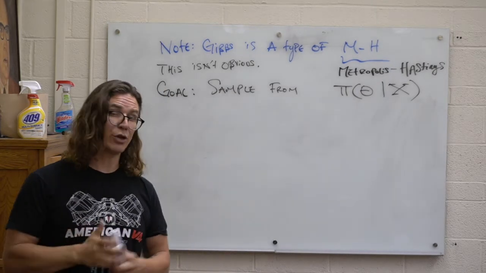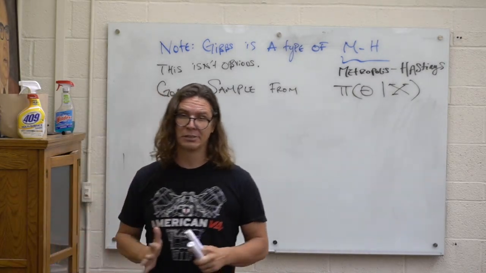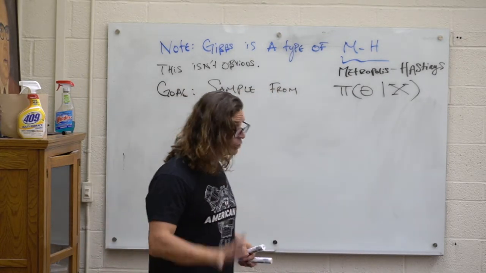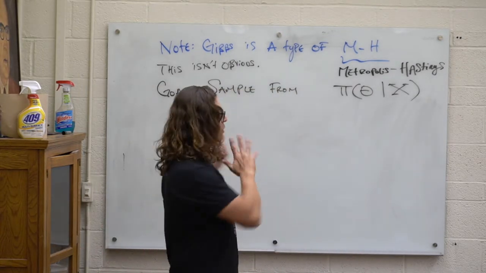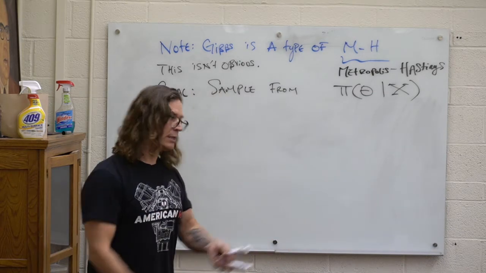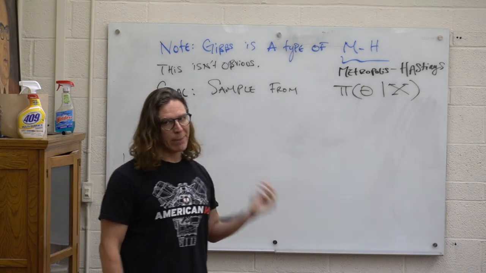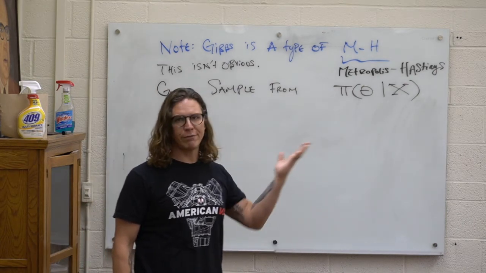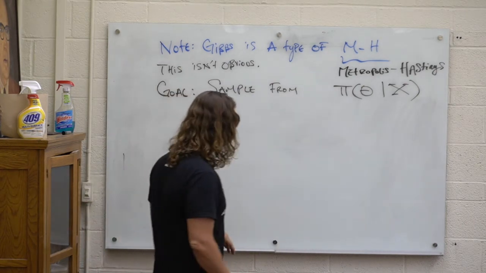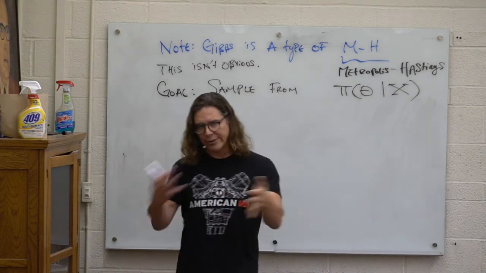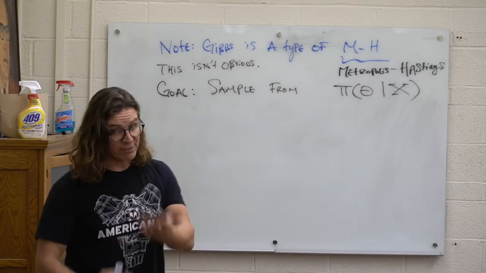So if you can write down the kernel of the distribution, which for Bayesians is represented through the likelihood times the prior, if you can write down that kernel, you can apply these algorithms. So they don't have to be posteriors. It's just that Bayesians are always operating off of this probability distribution, and they're doing inference on the random variable that they've upgraded to a random variable through Bayes' theorem.